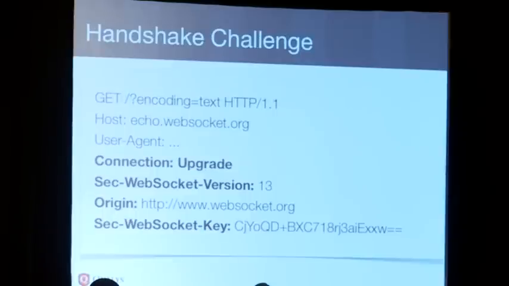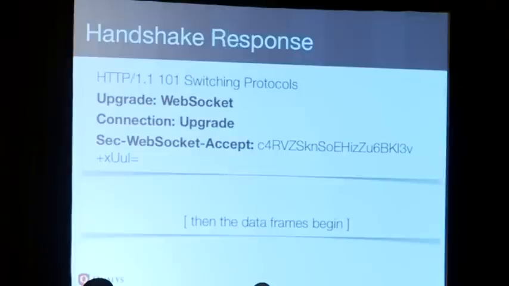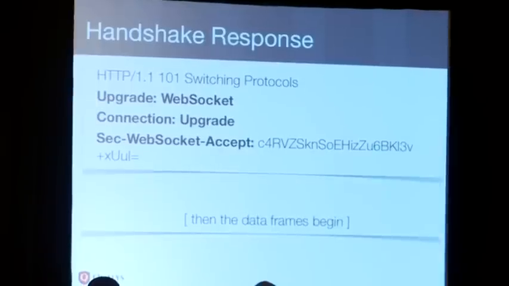So here is how the handshake is done. The browser sends a connection upgrade with a pseudo-random number in Sec-WebSocket-Key. The server answers with a response that includes the base64 SHA-1 hashed value of that key plus a GUID that is well known.